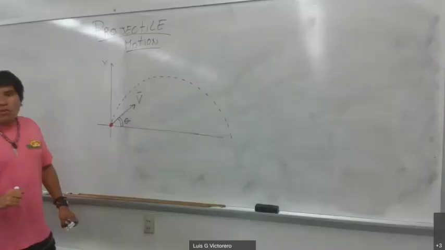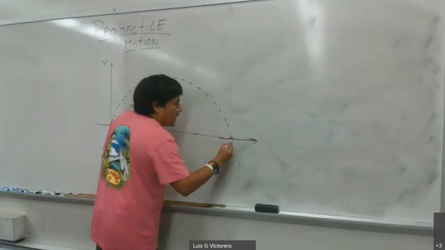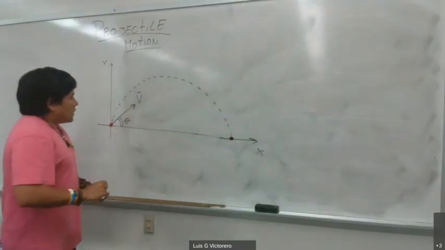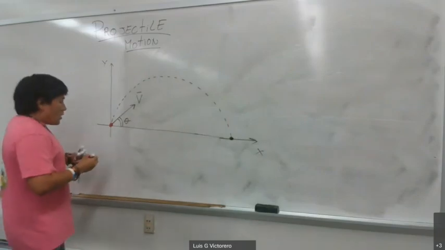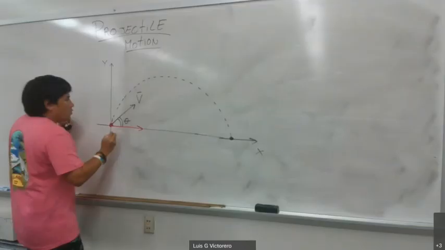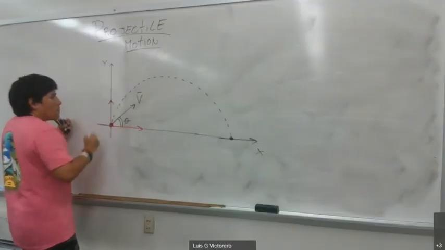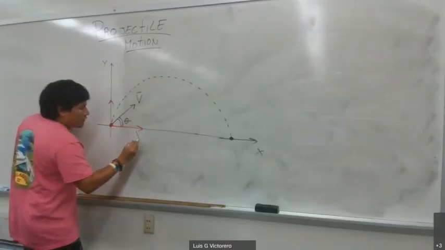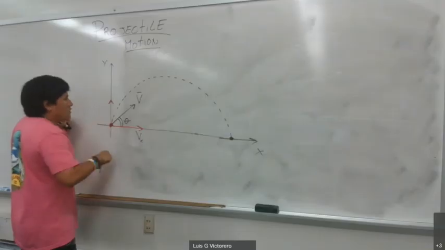That's your projectile motion there, and it's going to land at X, Y. All right. What's the first step? You are going to break your velocity into two components. You're going to label this as Vx, and I'm going to say just label it Vx. Why? I'm going to tell you in a second.